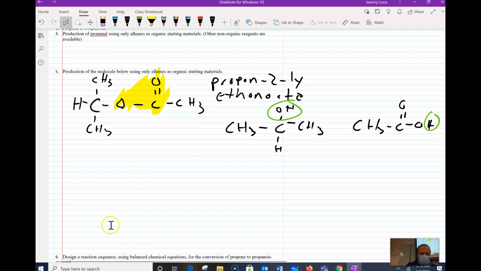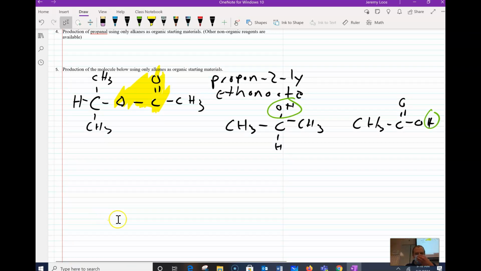So what we have to do is think, well, with alkenes only, how can I end up with these two things? So let's just tackle this one first.